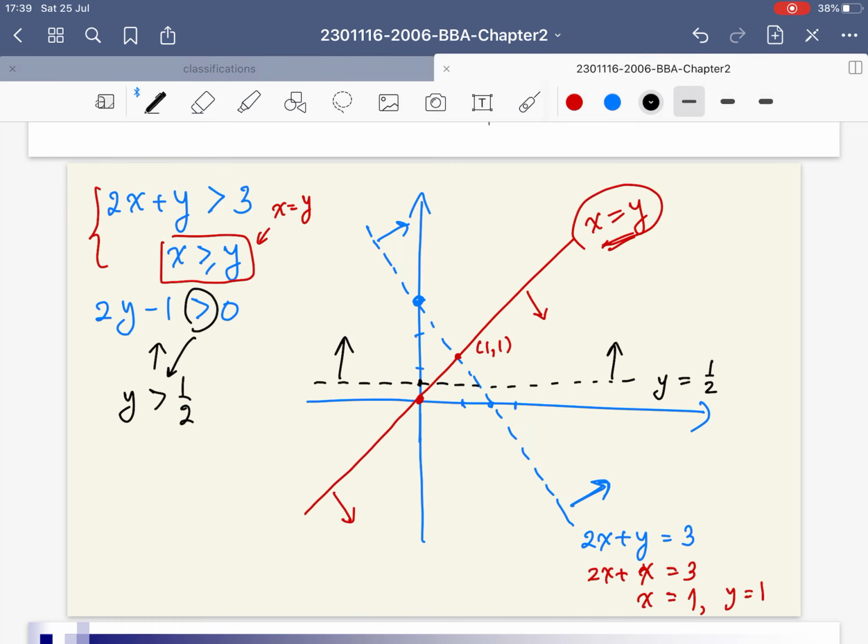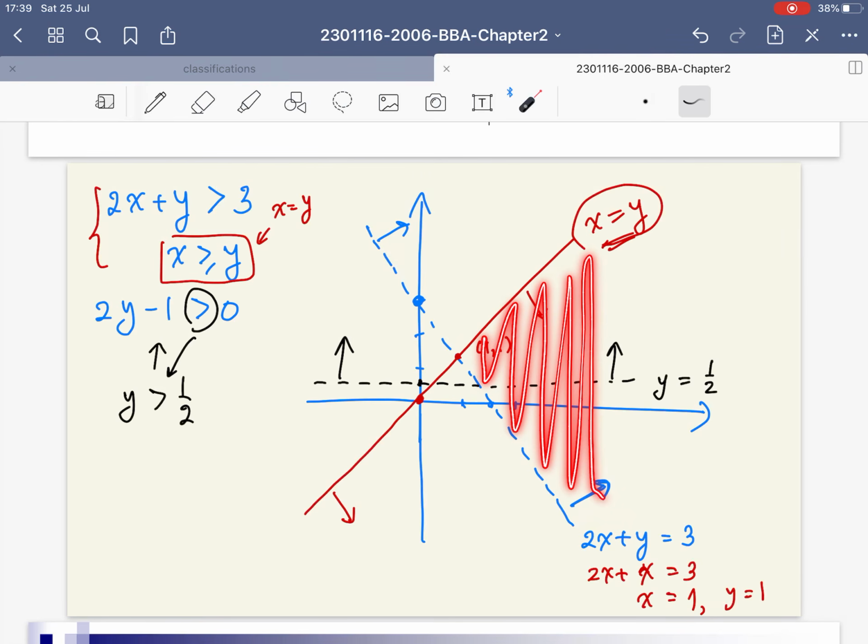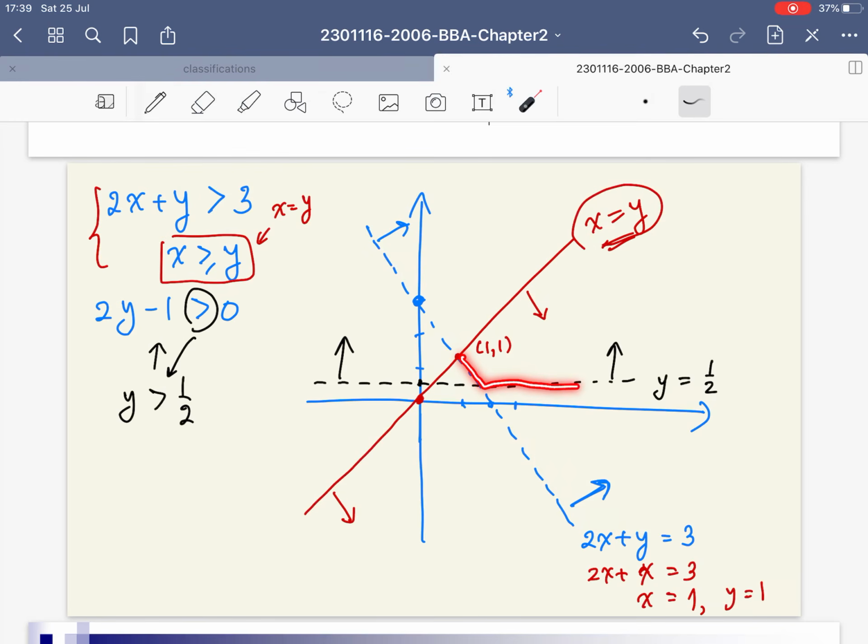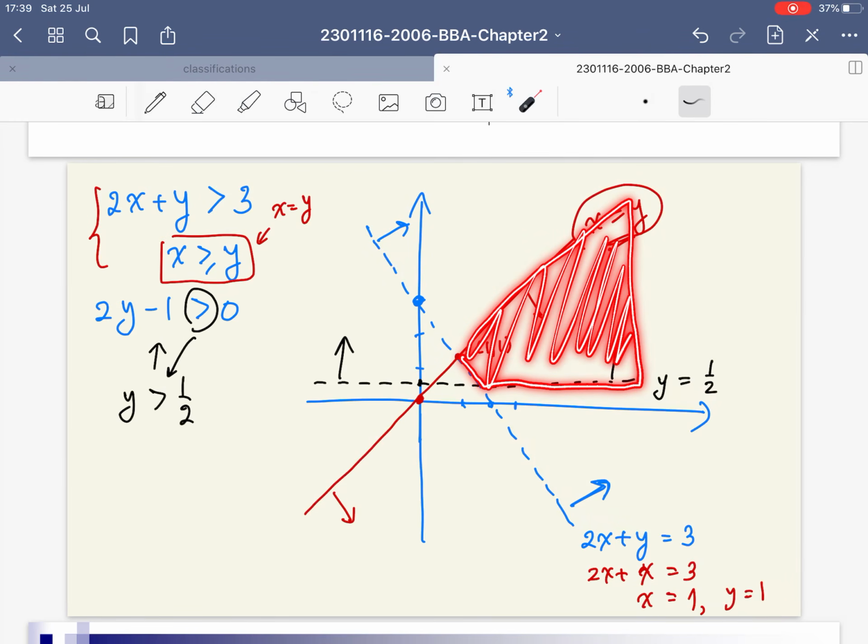Let's look at it one more time. If you have the blue and the red together, you get this region, where they intersect together. But then with this one and the upper part, you are going to have this kind of region.